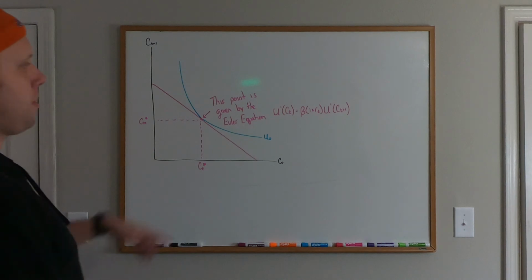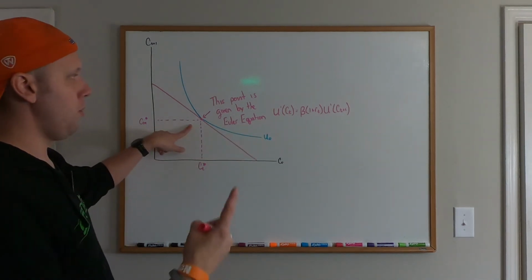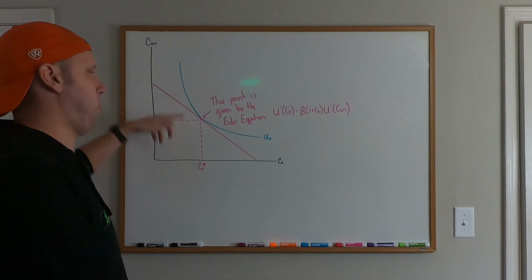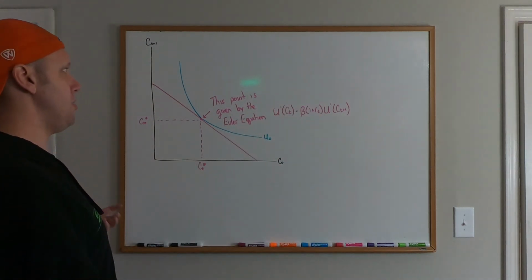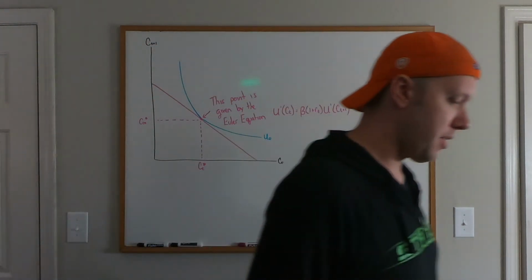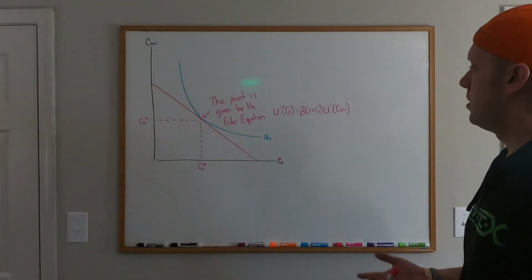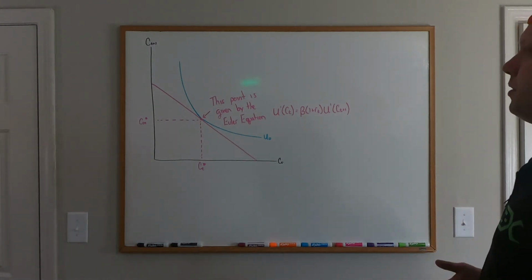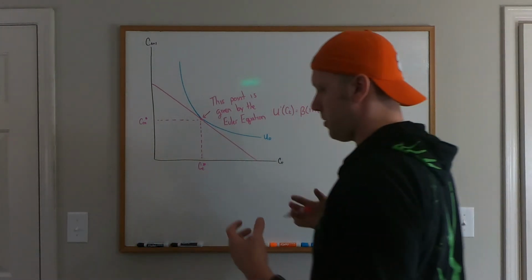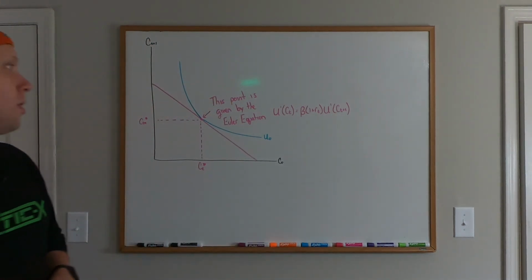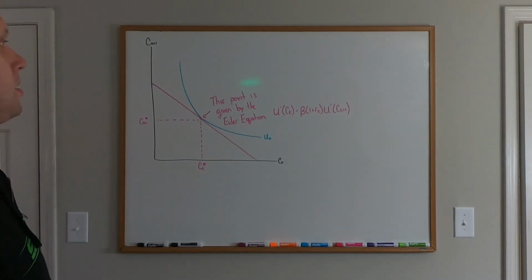Now what do I need from this Euler equation to be able to get that point? Well, one, I need to know what the utility function is, because just u prime could be literally any utility function, as long as it satisfies the requirements of the utility function. We don't know, so that's not very helpful. I would need to know what the inputs of consumption are, and I would need to know what beta is, as well as what the interest rate is.